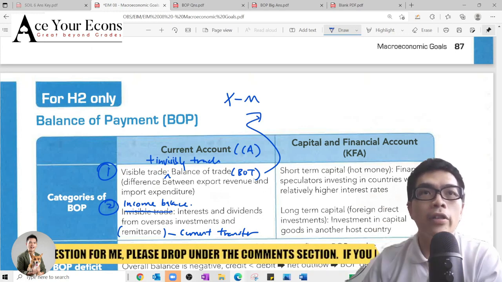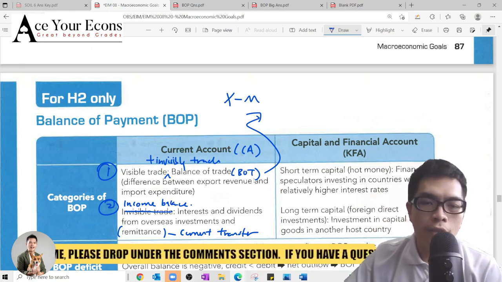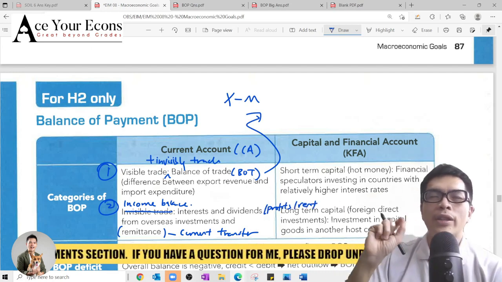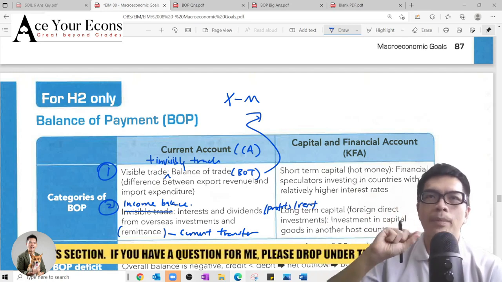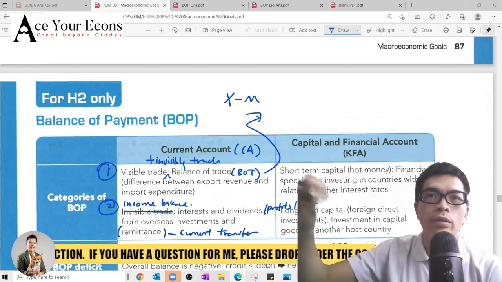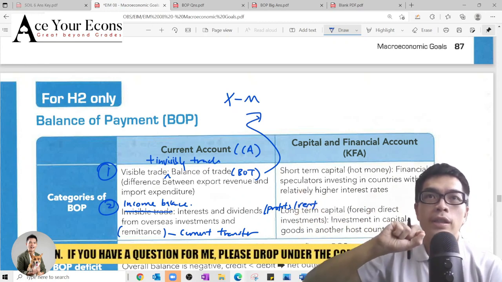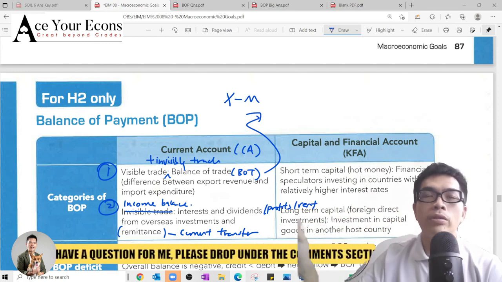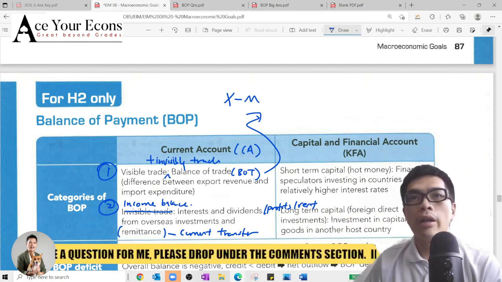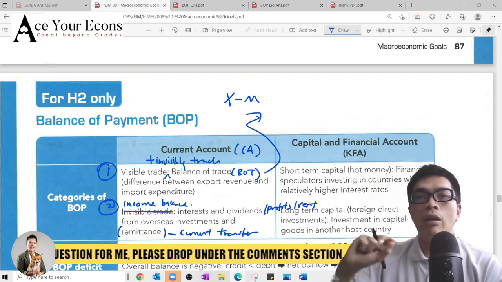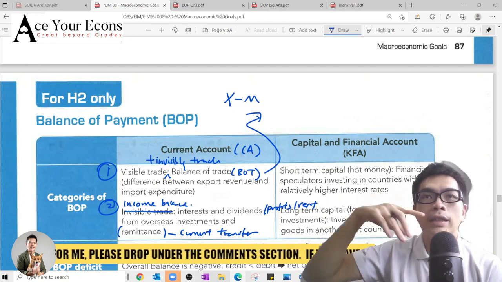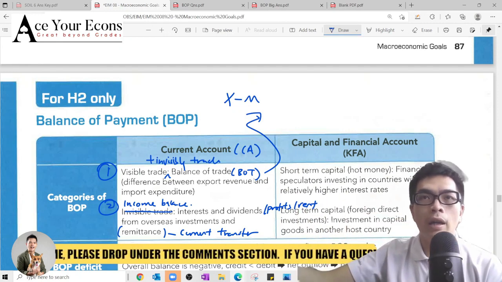Is this an inflow or an outflow? Interest, dividends, profits, and rent. When a foreign firm is remitting profit out from Singapore to the United States, or whichever country, this is an outflow. So the income balance will be worsened, as there will be an outflow. Likewise, there are Singapore firms located overseas.